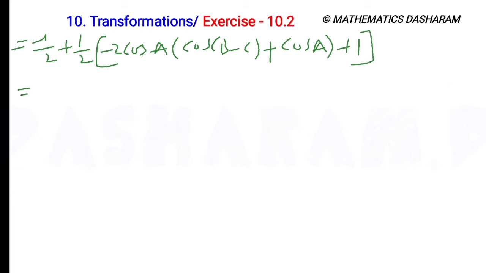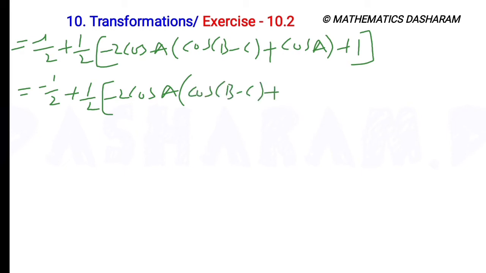So it is equal to minus 1 by 2 plus 1 by 2 bracket of minus 2 cos A, here bracket open, cos (B minus C) plus cos, in the place of A we can write 180 minus (A plus B), here plus 1.